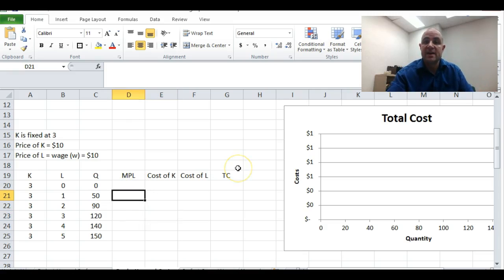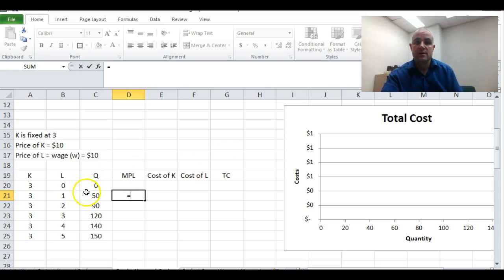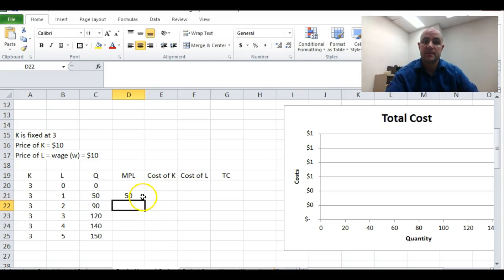So if we calculate the marginal product of labor, when we go from 0 labor to 1, output goes from 0 to 50, so it goes up by 50. When we go from 1 to 2, output goes up from 50 to 90, so it goes up by 40. And then 30, 20, and 10.